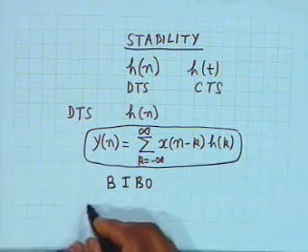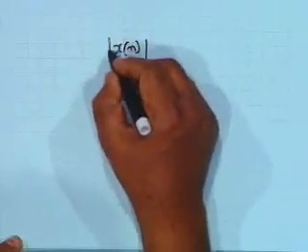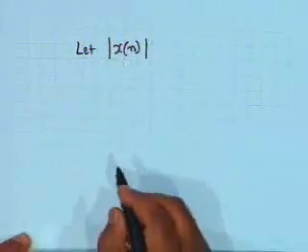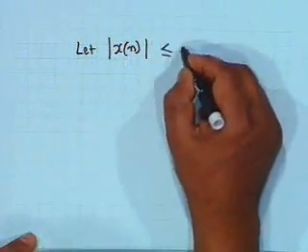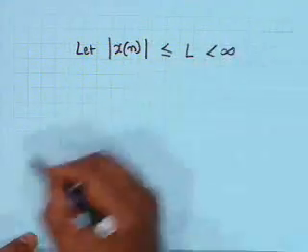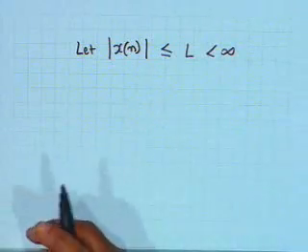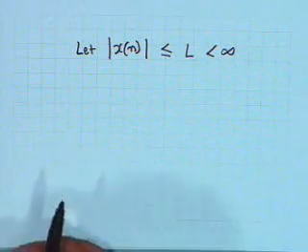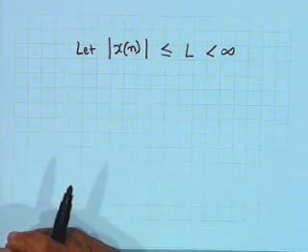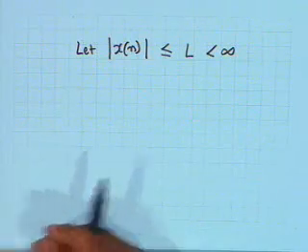Let the input be bounded by some positive value, let's say capital L. Let mod x of n, which could be positive or negative, be less than or equal to capital L, which is less than infinity. Then if the system is stable, y of n magnitude should also be finite.